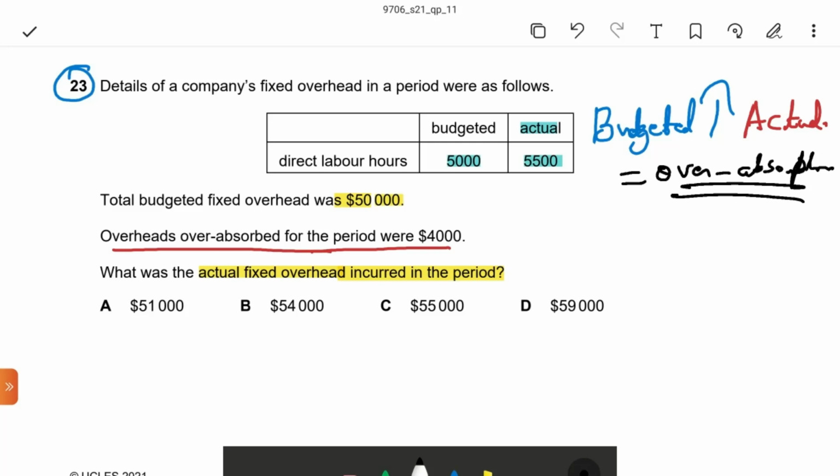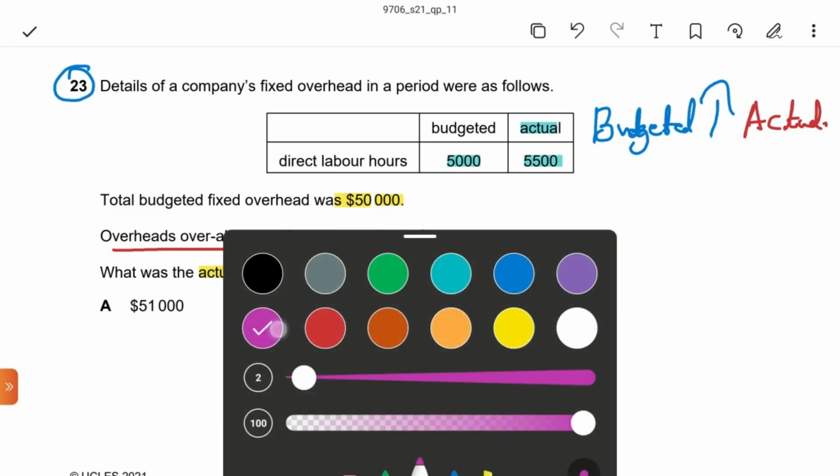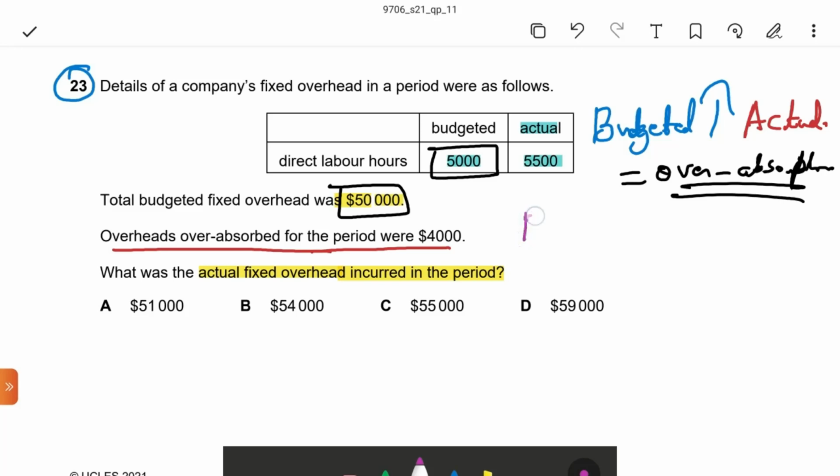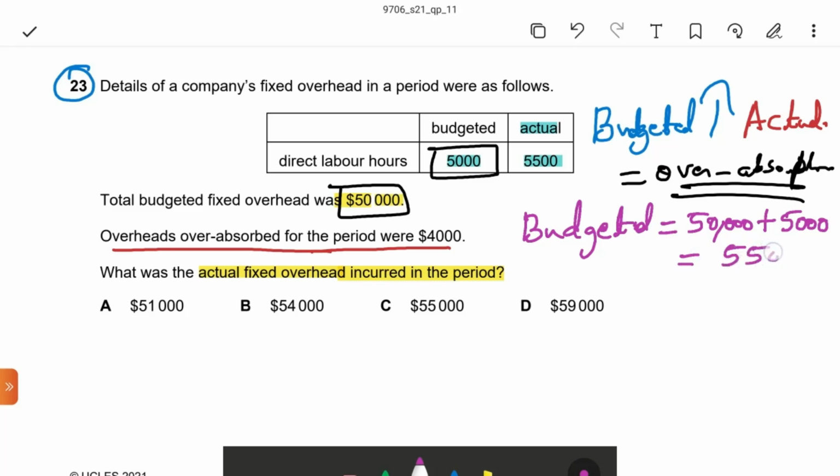So here the budgeted one is how much? 50,000 fixed overhead plus 5,000. Total overhead 55,000.